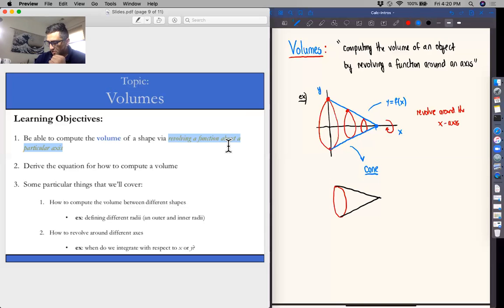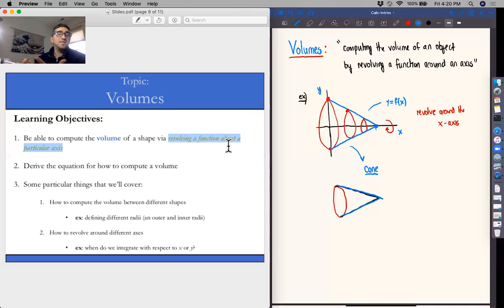Basically looking at our function just by itself, taking away our axes. So what we're going to talk about is how can we do this revolution of a function around a particular axis and compute that object's volume.